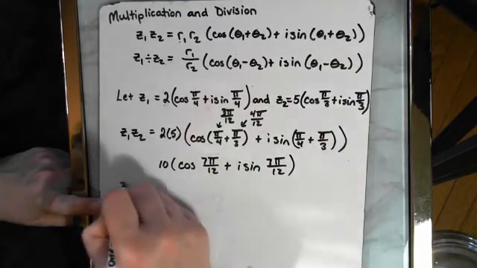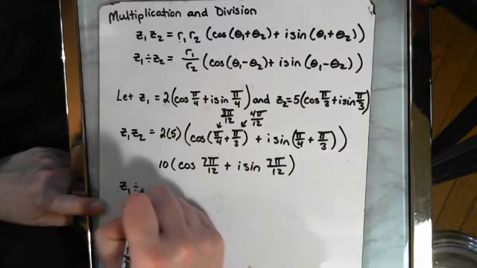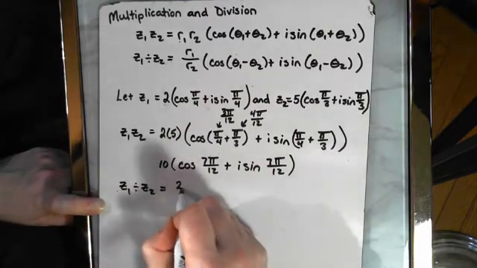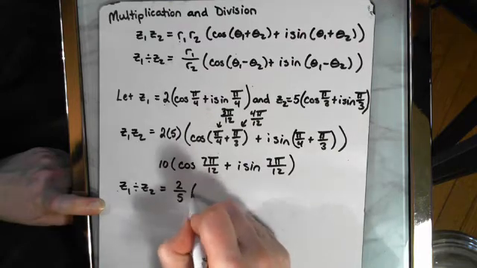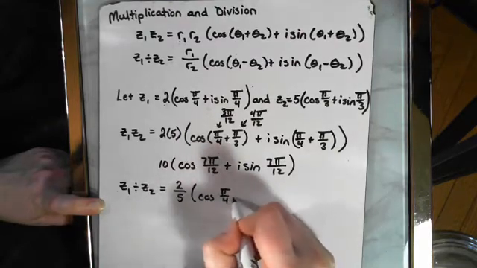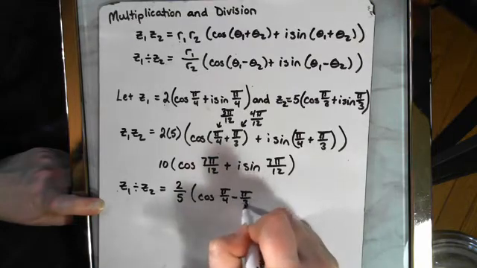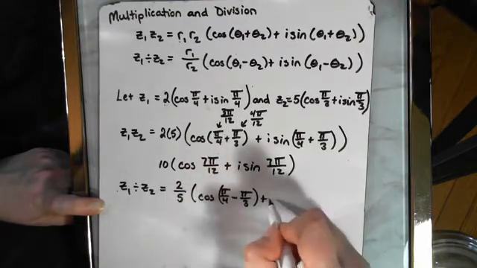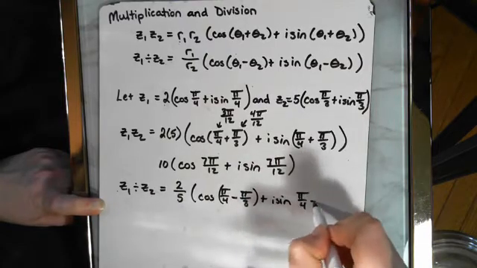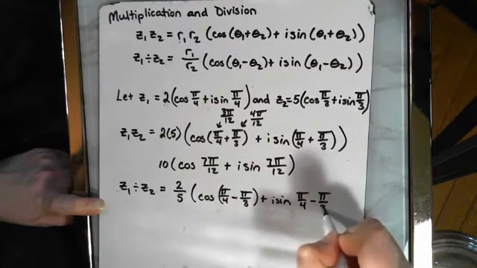For division, if I did z1 divided by z2, I would do 2 divided by 5 times the cosine of pi over 4 minus pi over 3 plus i sine of pi over 4 minus pi over 3.